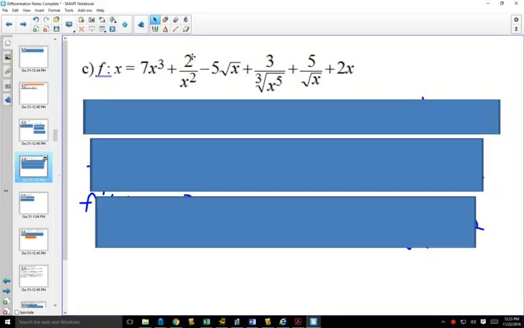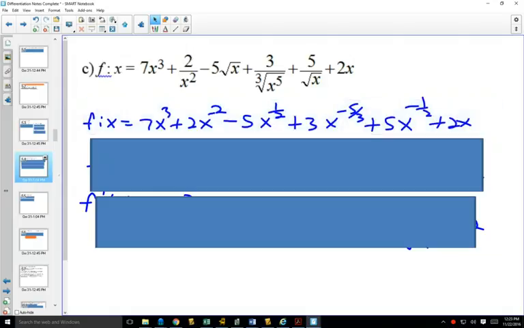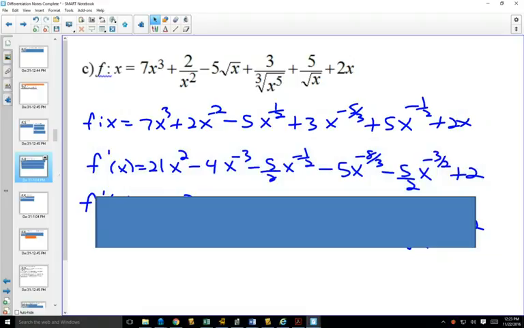Everybody have a chance to finish part C? As a first step, change all of those things into a form where you can do the derivative. And once they are in a form that you can do the derivative, bring that number in front and subtract 1 from the exponent to each one.